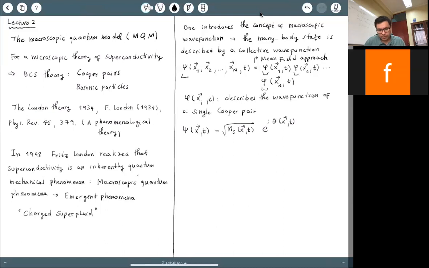So here, this is a macroscopic wave function where the amplitude has to do with the square root of the density. This quantity ns is nothing but the density of charged particles. So let me call this the density of carriers. It's nothing but the density of Cooper pairs. Okay, this is the proposal.